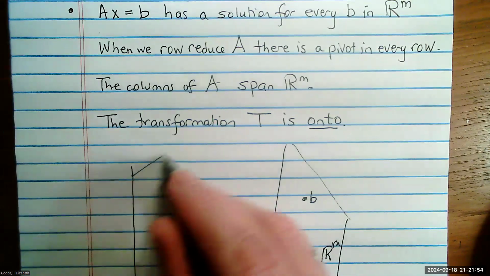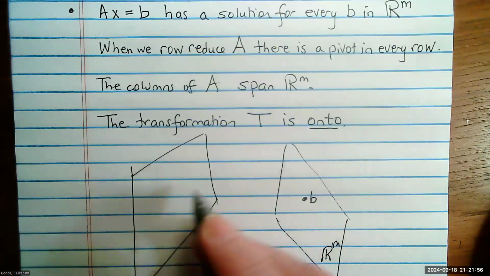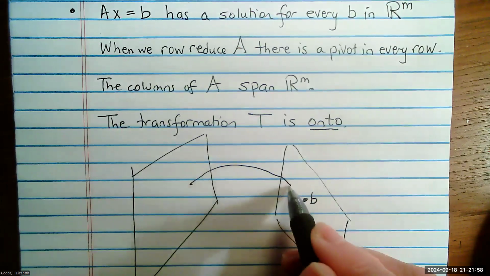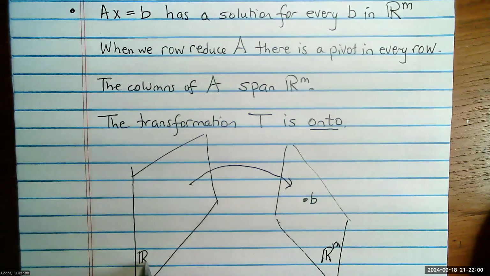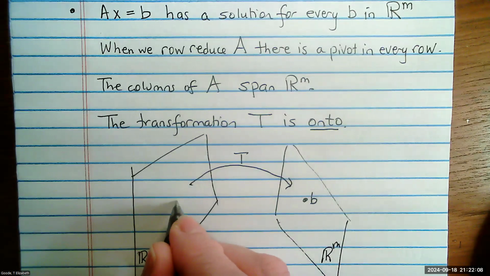And T is mapping from Rn to Rm. So here's T, but you can also think of it as a matrix acting on a vector X.